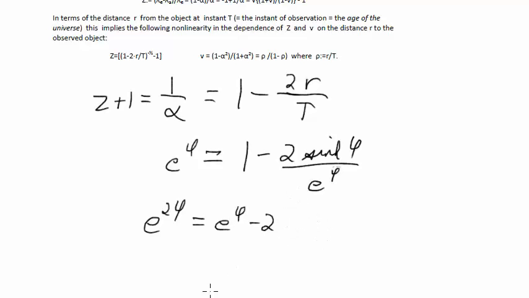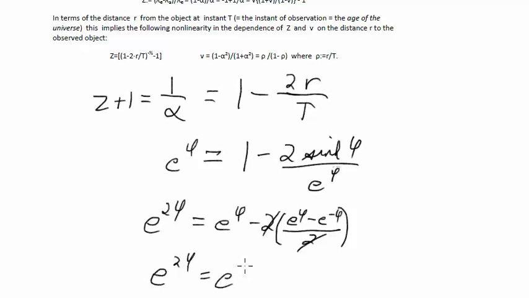Sinh phi is e to the phi minus e to the negative phi over 2. Those cancel. We have e to the 2 phi equals e to the phi minus e to the phi minus, that would be plus e to the negative phi. Oh man, there's a square root there. Let me do this all over again.